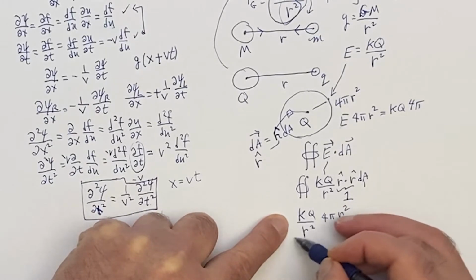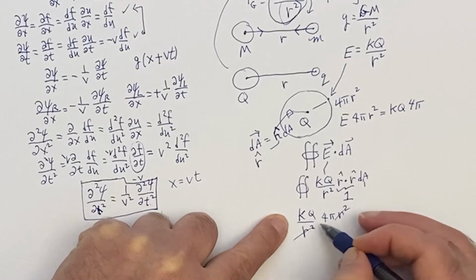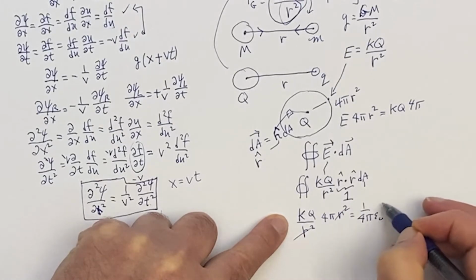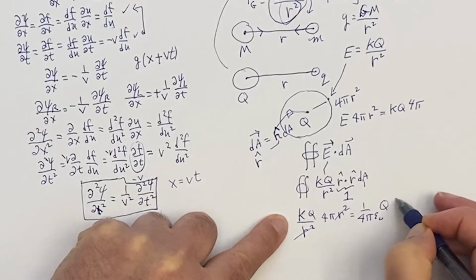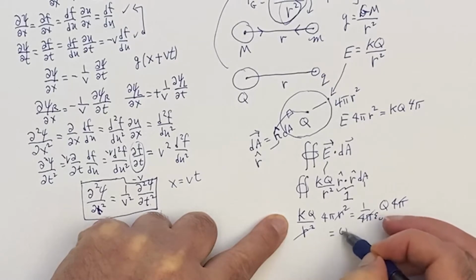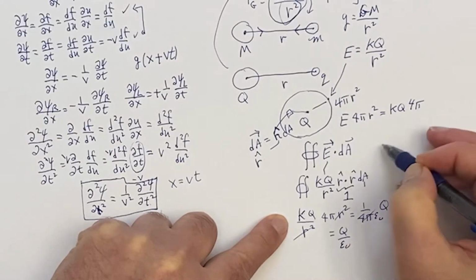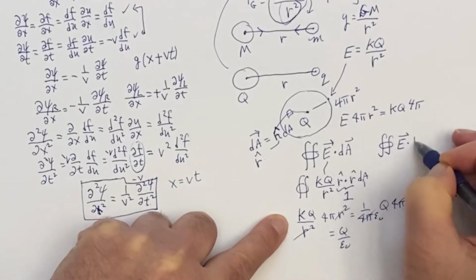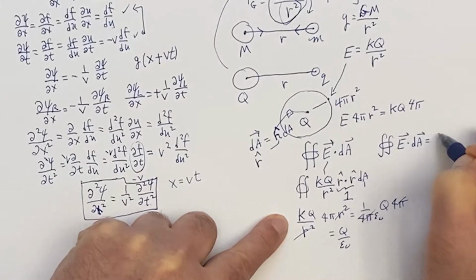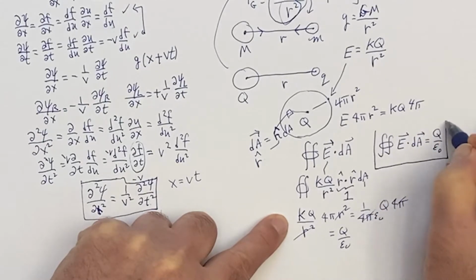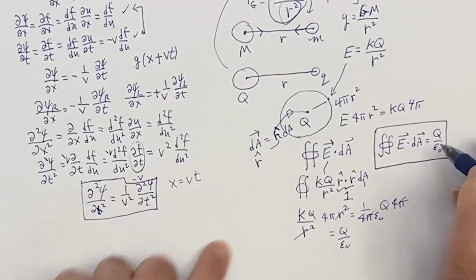And when you do that, the r's cancel, and the k is 1 over 4 pi epsilon naught, and the q is hanging around, and there's a 4 pi from over here. They cancel, and you get this cool formula, q over epsilon naught. And then you could write down this law that if you do this surface integral, you get big Q over epsilon naught, and Q is inside that sphere. See? That's the first Maxwell equation.